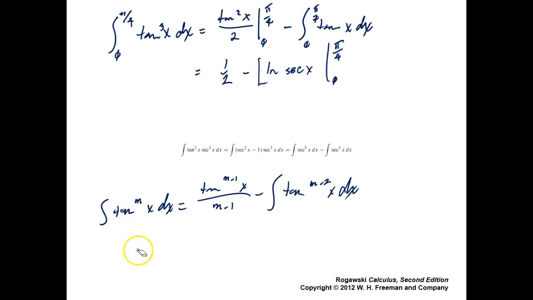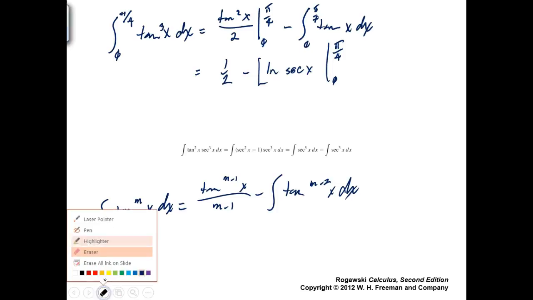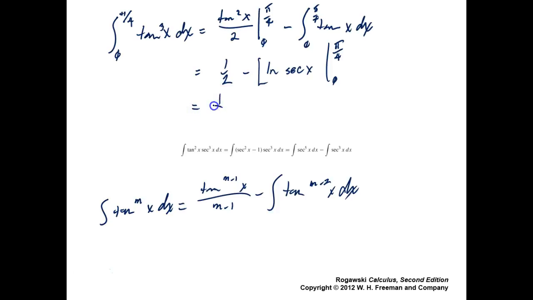Okay, and with that in mind, maybe a little bit easier to do would be 1/2 minus the log of, and since you're in the first quadrant, everything's positive, the log of 1 over cosine, because that's what secant is, between 0 and pi/4.